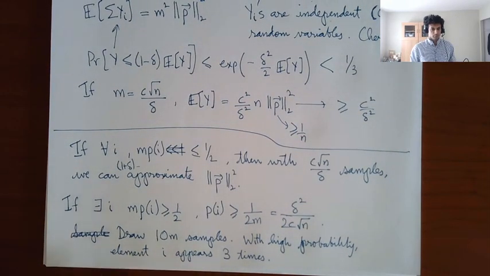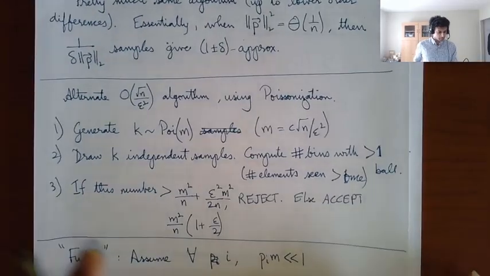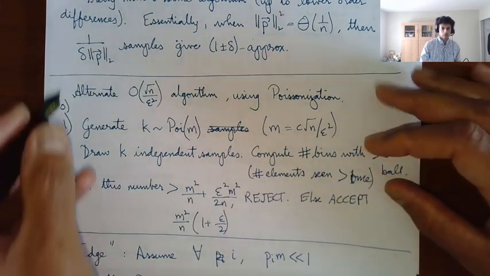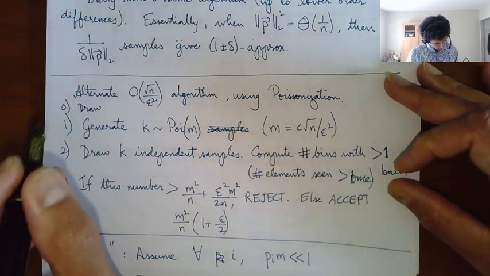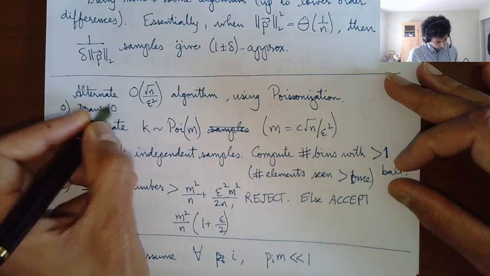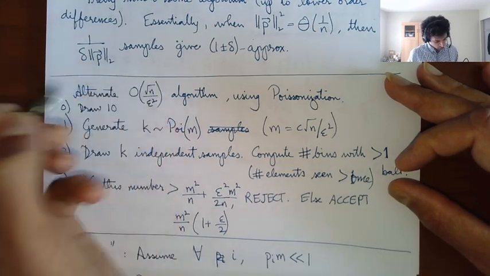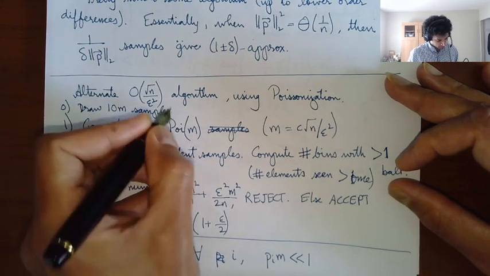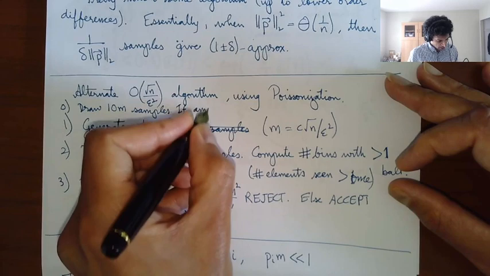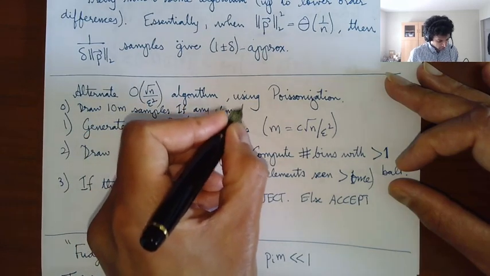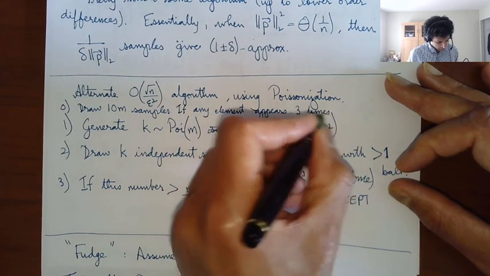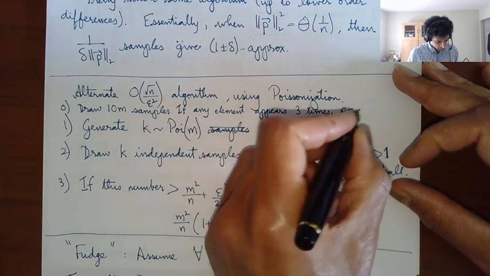And this immediately gives a method to reject, which is you could go back here and say draw 10 times, whatever, m samples, if any element appears 3 times, then just reject.